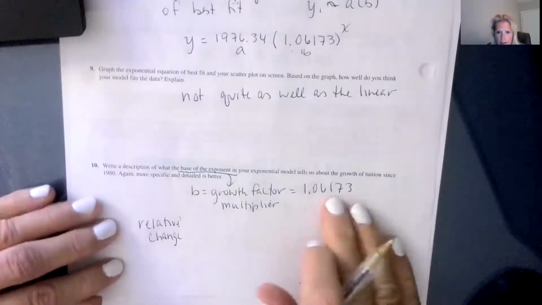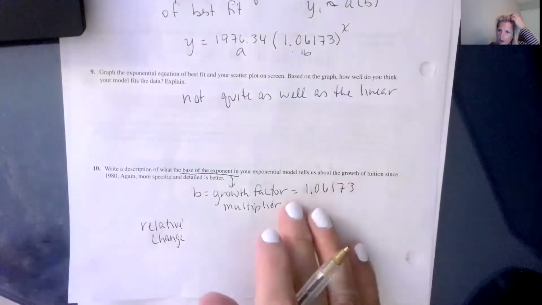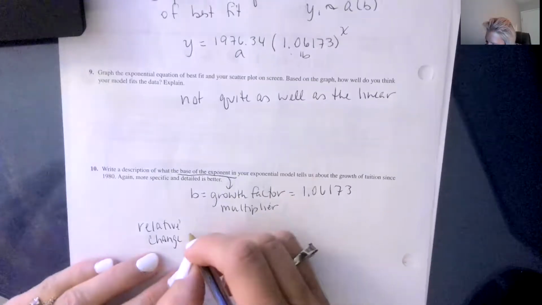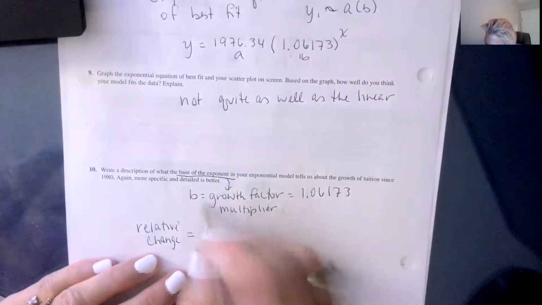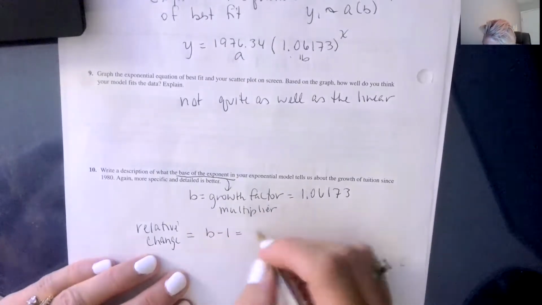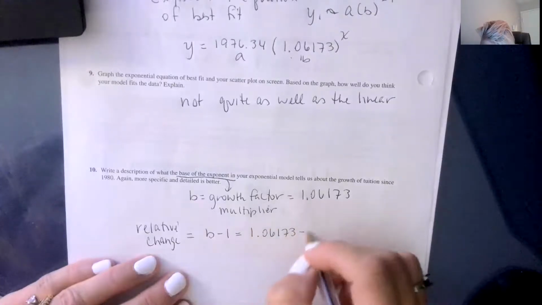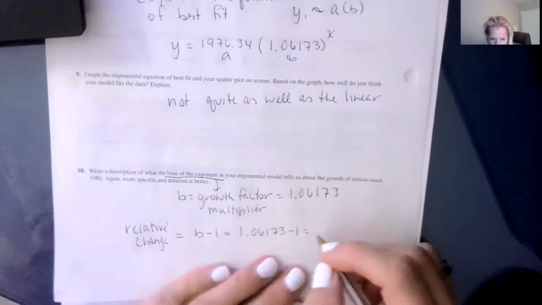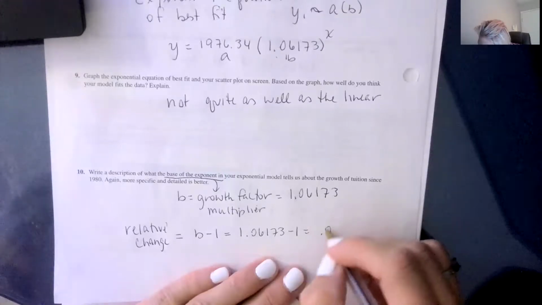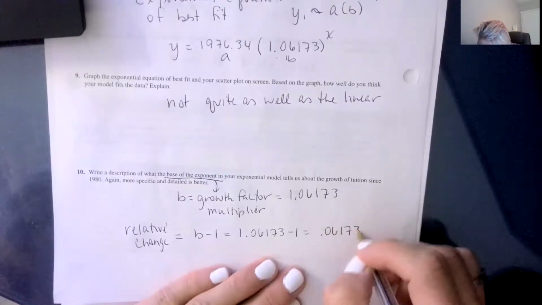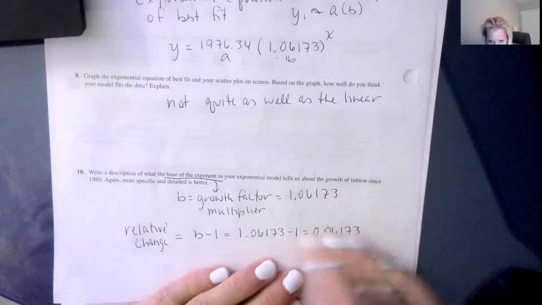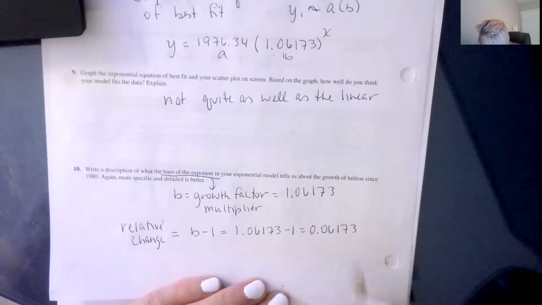Now, some of you can see what it is right from here. Others need to use this formula. So our relative change is found by taking b, that growth factor, and subtracting 1. So 1.06173 subtracting 1 leaves us with 0.06173. I'm just going to put the 0 in front so it looks prettier.